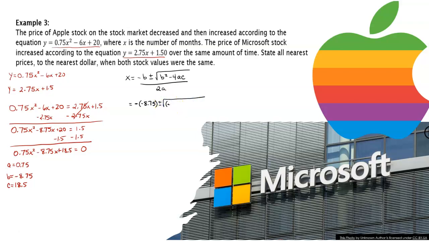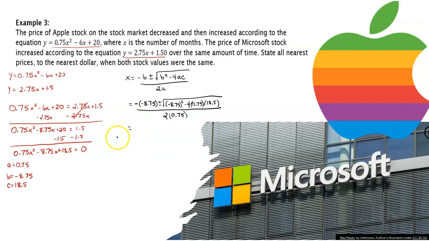Our b once again is negative 8.75 squared minus 4 times our a. What's our a? Our a is 0.75. And then our c is 18.5. All divided by 2 times 0.75.